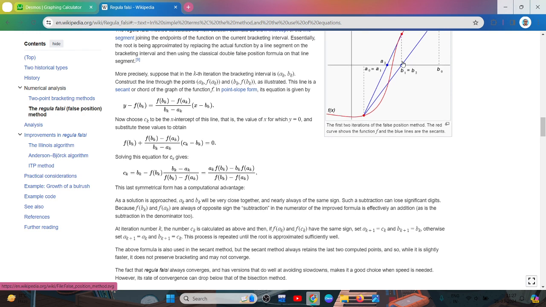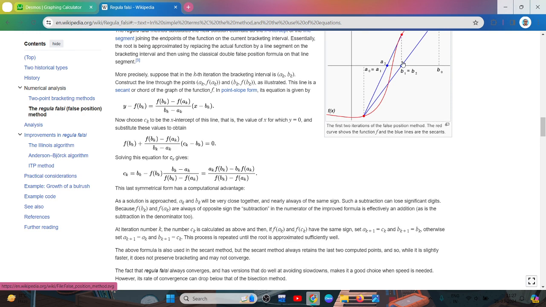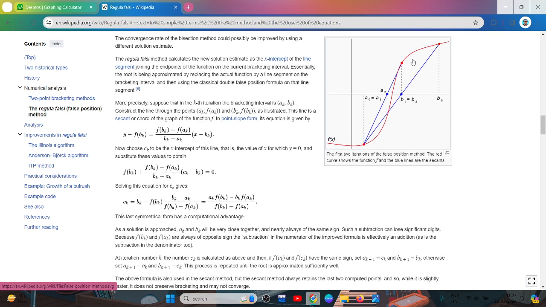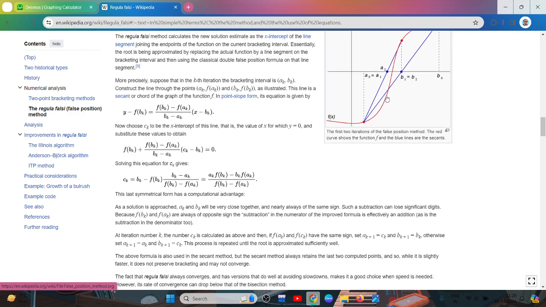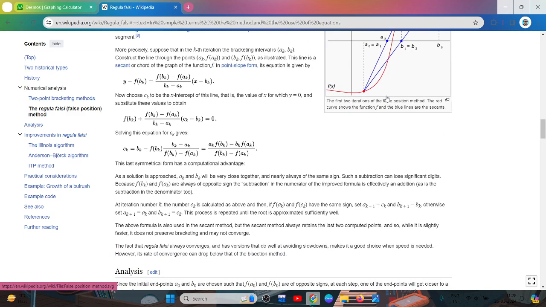Else, if f x1 into f b0 is negative, then we write a1 equal to x1 and b1 equal to b0, and then the root alpha lies between a1 and b1. And again we draw the line joining these 2 points, and this gives a2, the second approximation to the root. And this is the Regula-falsi method.